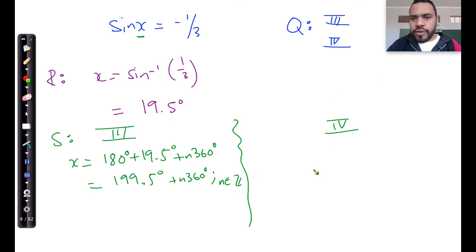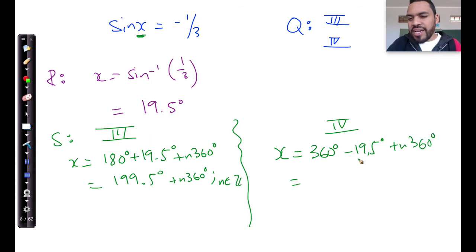In the fourth quadrant, I'm going to say that x, because it's my given angle once again coming from here, is equal to 360 degrees minus 19.5 degrees plus n times 360 degrees. 360 minus 19.5 is 340.5 degrees, plus n times 360, such that n is an element of the integers.